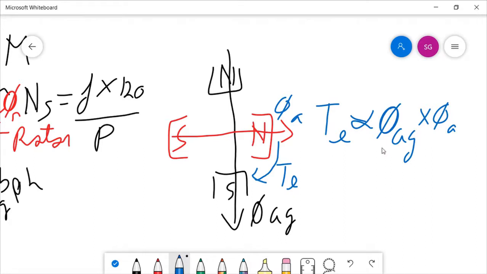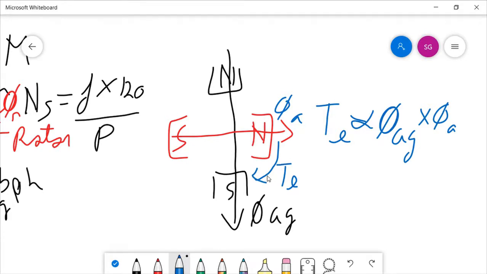Okay. So what it means is that this electromagnetic torque depends on the strength of this phi Ag and phi A. And what is phi Ag? Phi Ag is the magnetic field generated by these poles. So exactly this strength matters. What is the strength of this magnet, north pole and south pole, and what is the strength of these magnets, the induced magnet? So the higher the strength of these magnets, the higher will be the torque.